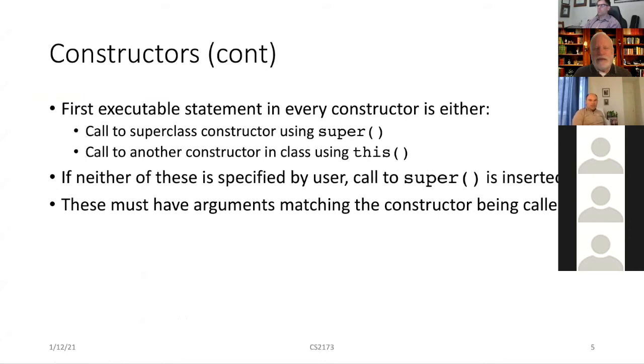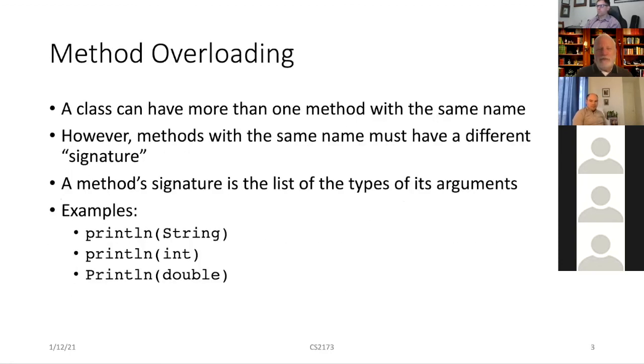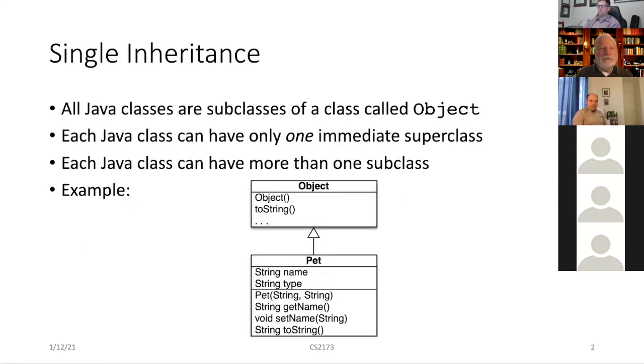I forget the exact message, but what's confusing about it is that you haven't written any code at all. So if I were to subclass pet and not write a constructor, I would get a compile error.